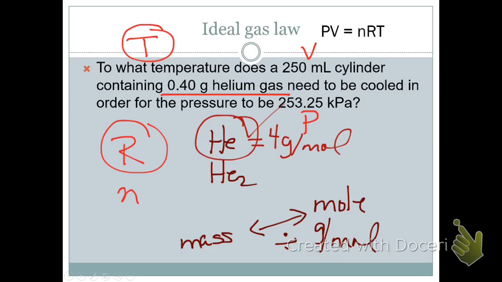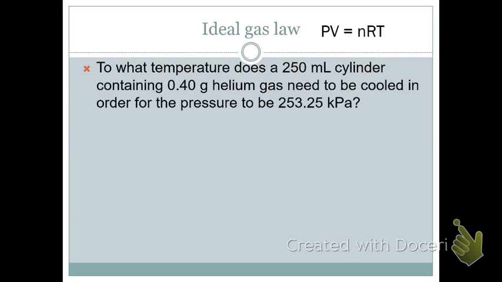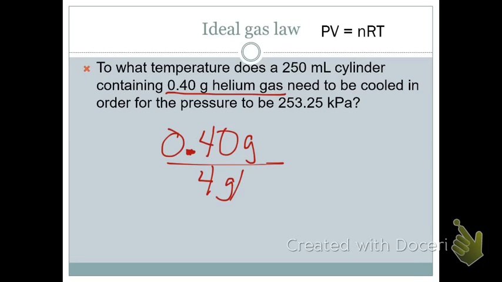In order to calculate my moles, I take the 0.40 grams divided by the molar mass, which is 4 grams per mole. And that is going to give me my moles.